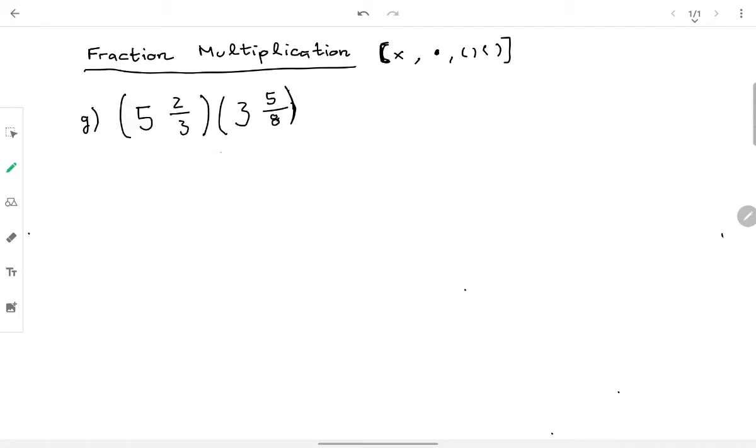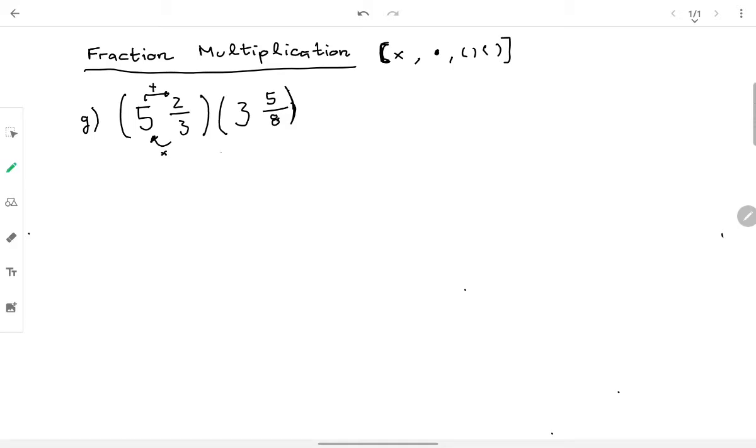So let's see what happens when we have mixed numbers. It's the same process. First, we make them improper fractions, and after that, we can first simplify and then multiply, or first multiply and then simplify. To become an improper fraction, we multiply this and we add the top part.